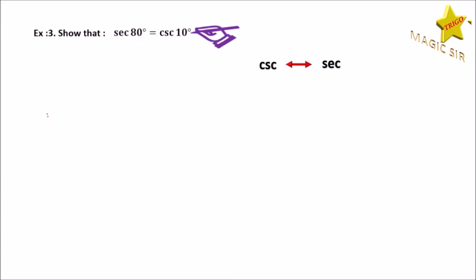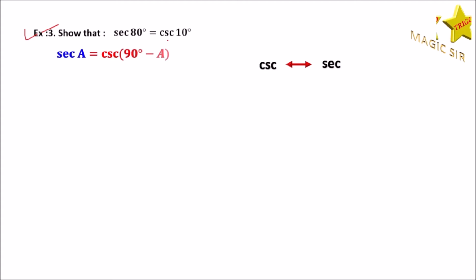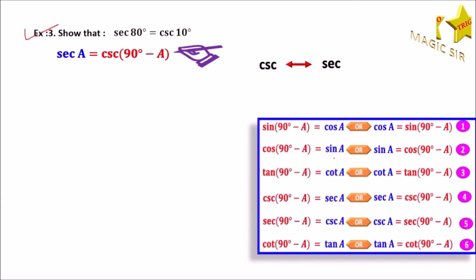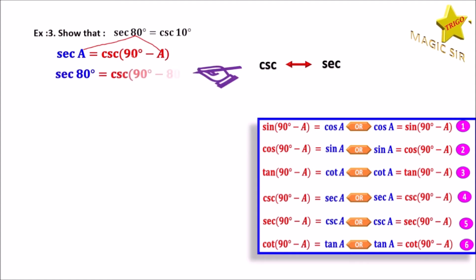Example 3. Show that sec 80 degrees is equal to cosec 10 degrees. From the fourth formula, sec A is equal to cosec of 90 degrees minus A. Let us take A is equal to 80 degrees. So, sec 80 degrees is equal to cosec of 90 degrees minus 80 degrees, where A is equal to 80 degrees.